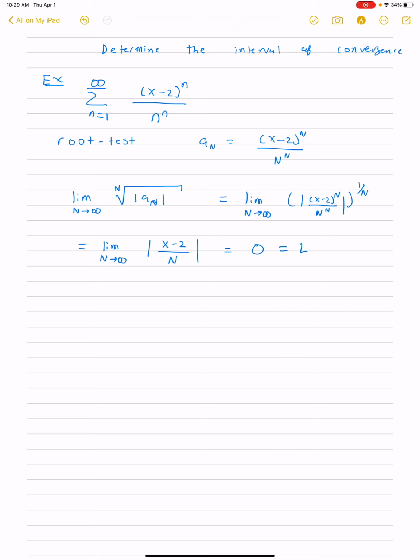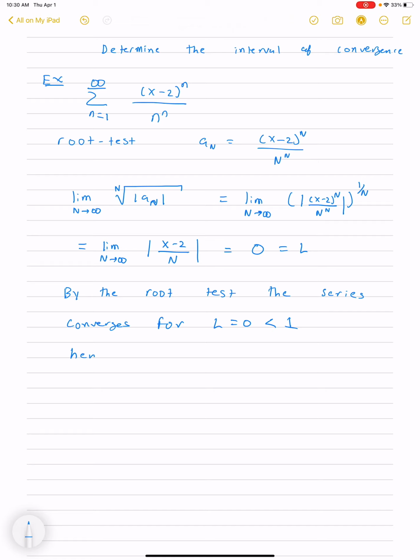That is L. So, by the root test, the series converges for L equals 0, which is less than 1.